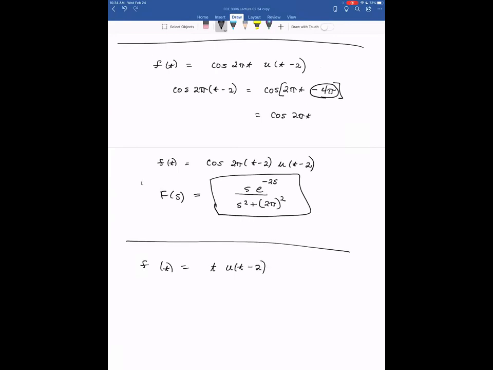So this is a time shifted step, but the function itself is not time shifted. This is another time when I'm going to have to do some algebraic manipulation in order to use the property of the time shift. So f of t is, let's go ahead and do our minus 2 plus 2 thing.